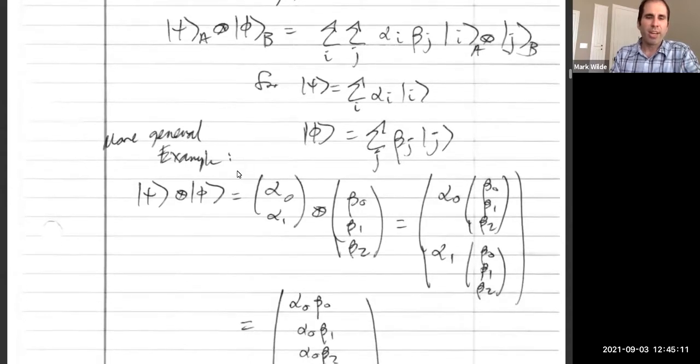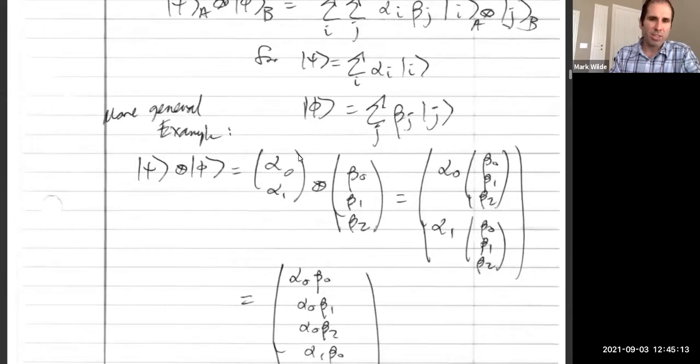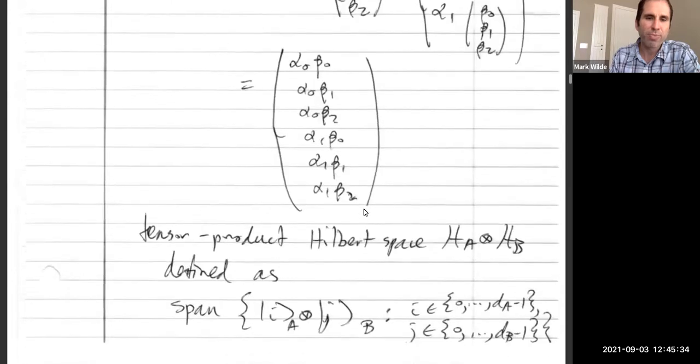When you work that out with respect to the standard basis, for a similar example with 2 dimensions for A and 3 dimensions for B, again you do this stack and multiply, where you take what's on the right and stack it on top of what's on the left, and then you multiply. Okay.